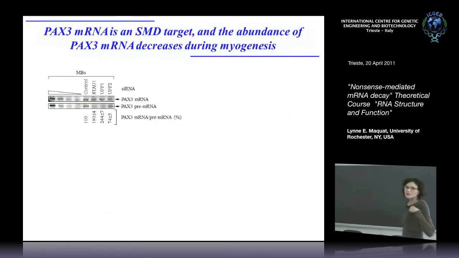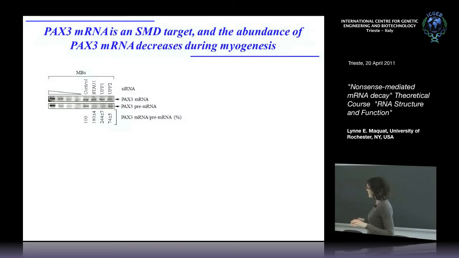And remember how I told you yesterday, oftentimes mRNA decay is coordinately regulated with transcription, and that is true here. So what Gong did was to use myoblasts and use different siRNAs and always controlled the level of PAX3 mRNA by normalizing it to the level of PAX3 pre-mRNA, which will control for any changes in transcription.